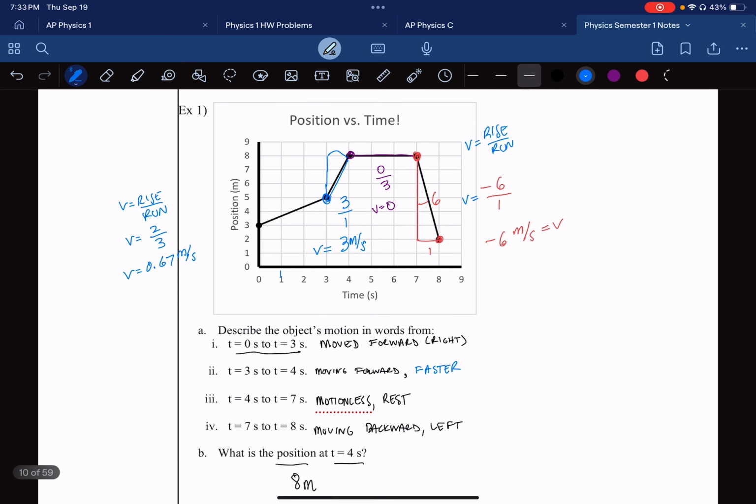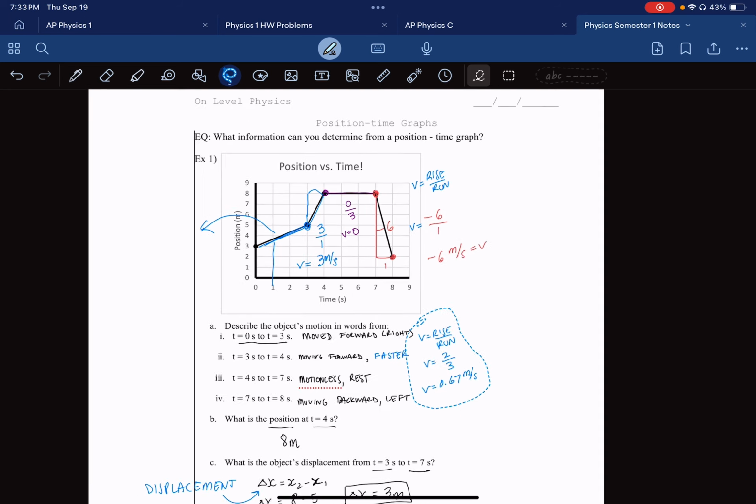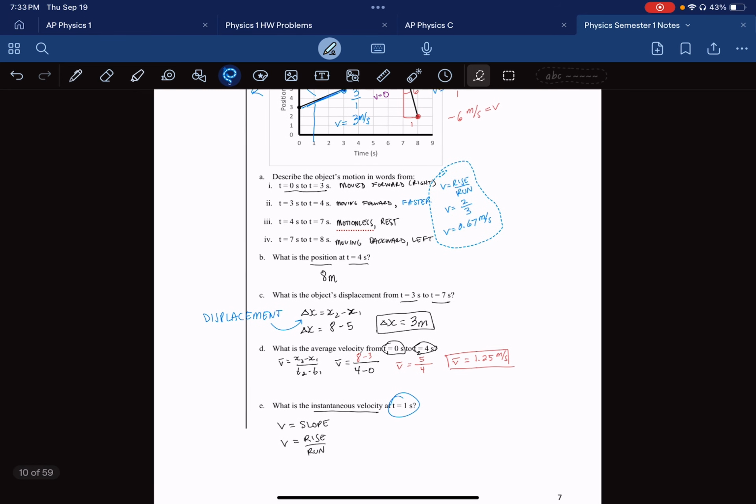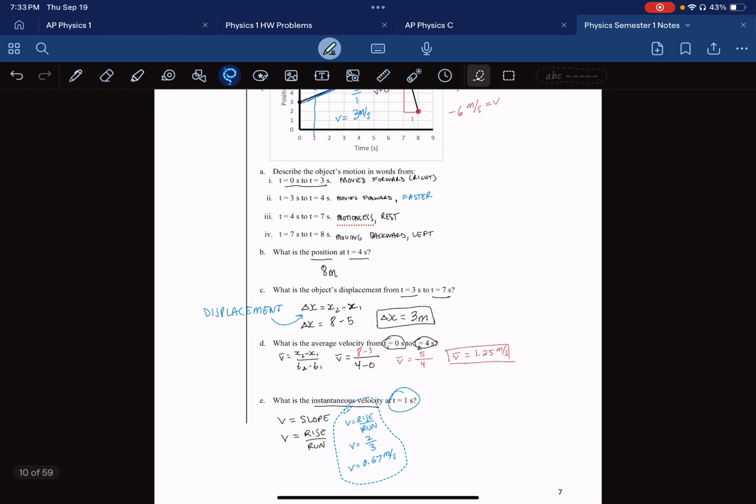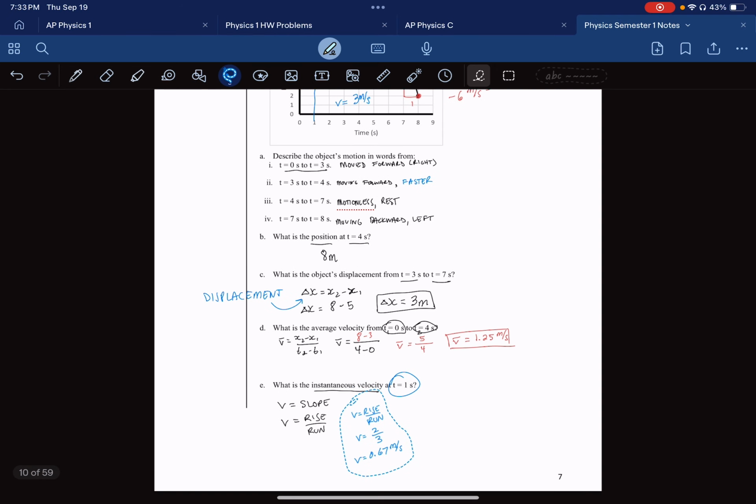If we go to 1 second, the rise over run for this segment that 1 second is on, that's all we care about now. We calculated that first, it's this one. So what we would want to write down there is exactly what we put here. That's the kind of work we want to show for this last one. And that would be the answer.